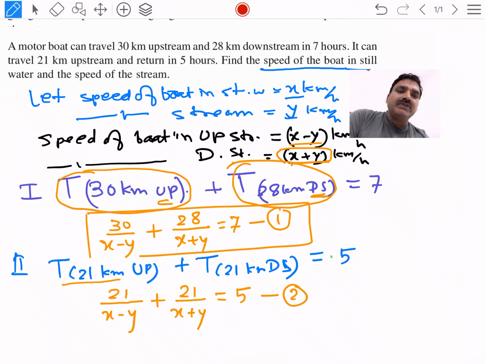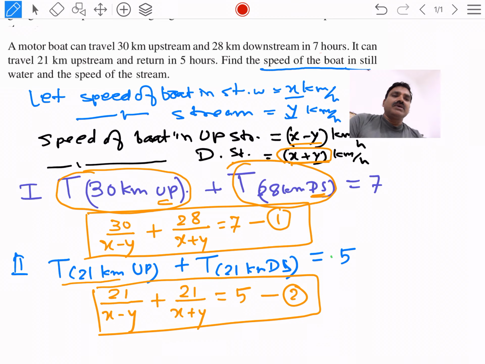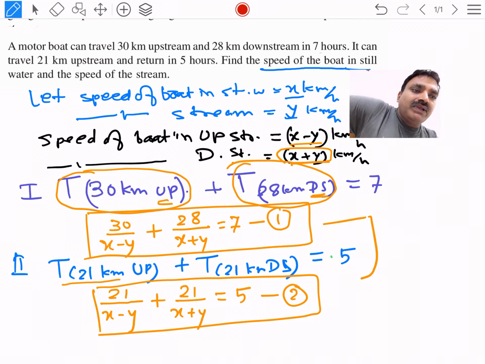In this way we will find the relations between variables according to the given word problem. And after that, we know how we can solve it. Actually, finding the equations between variables is very important.